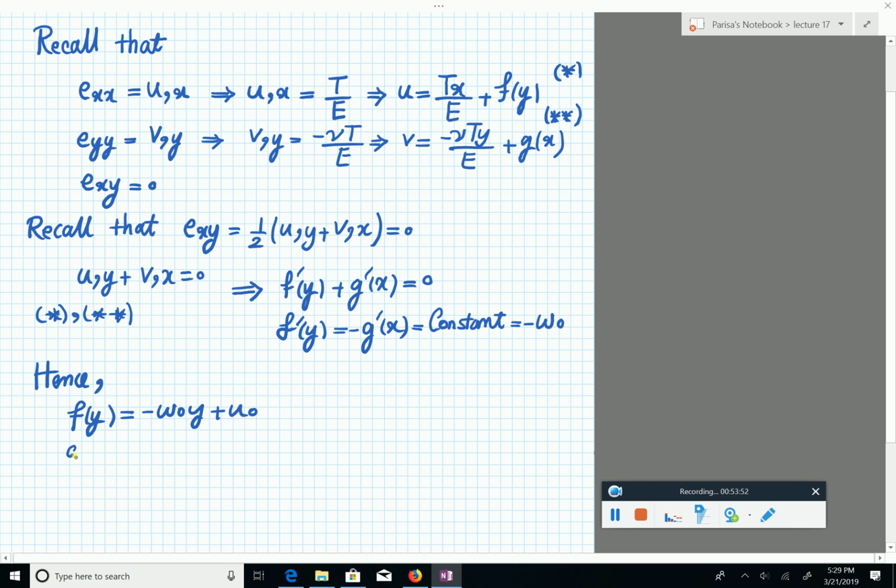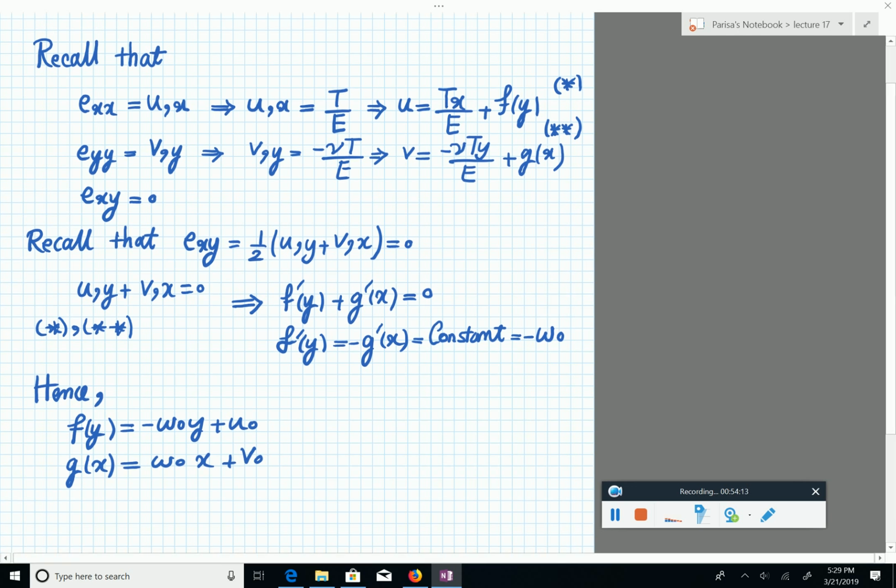And g of x would be, now u0 and v0 are also constants. Gerald, convinced? So the first two parts are simple.